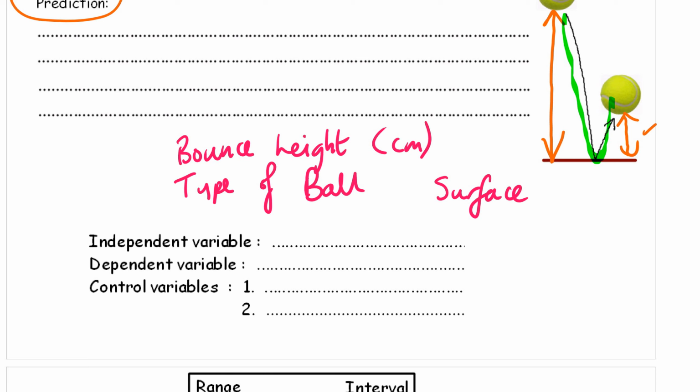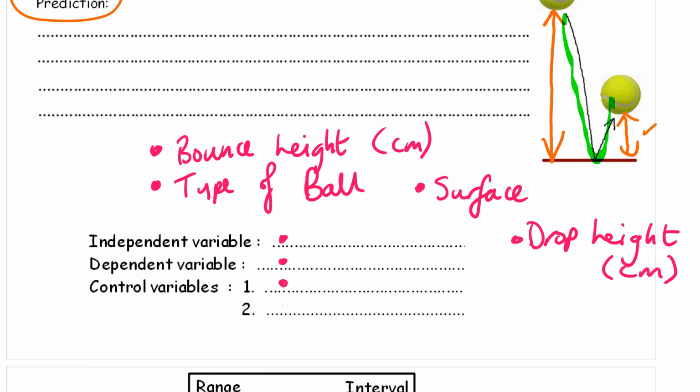And I'm also going to think about the drop height. Once again in centimetres. Now those 4 variables should be put into these 4 dotted lines. But you've got to put them in the right order, haven't you?